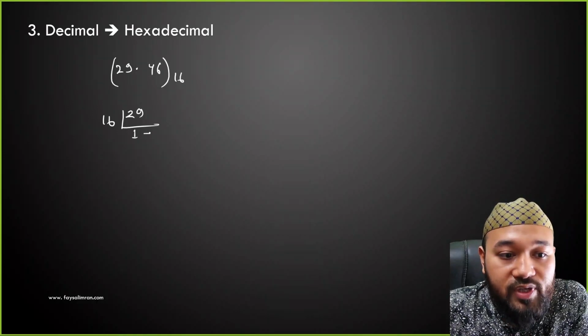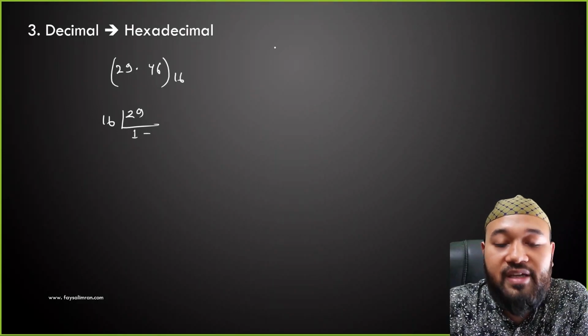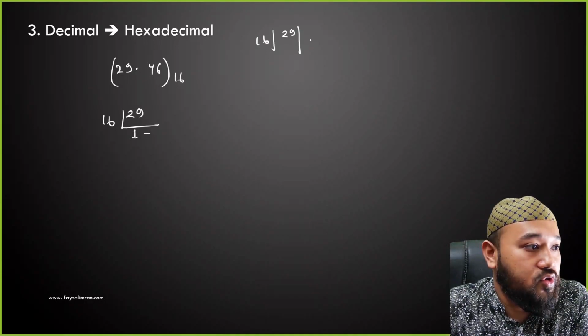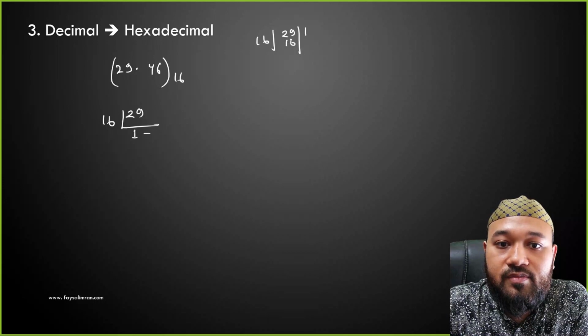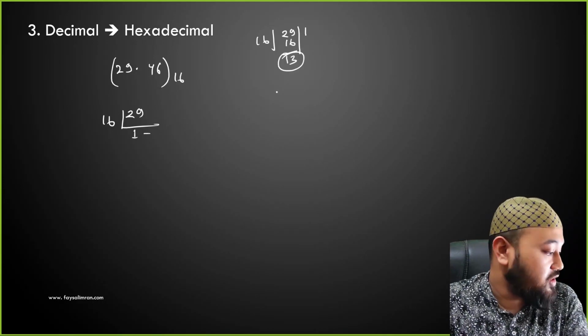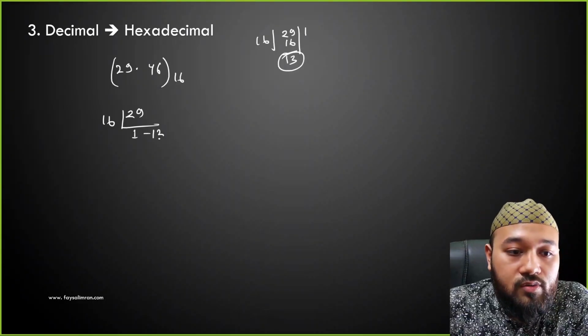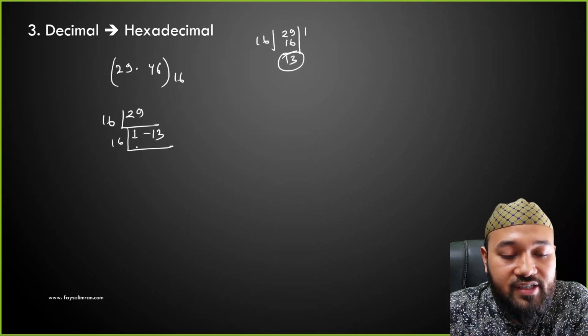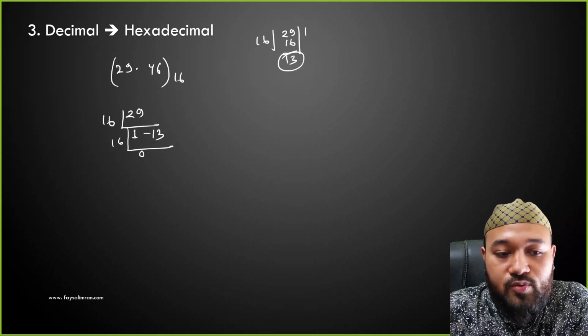The remainder of 29 by 16 is 13, so we put it here, 13. Also we divide 1 by 16 and get 0, because 1 is smaller than 16, and this one is our remainder value.